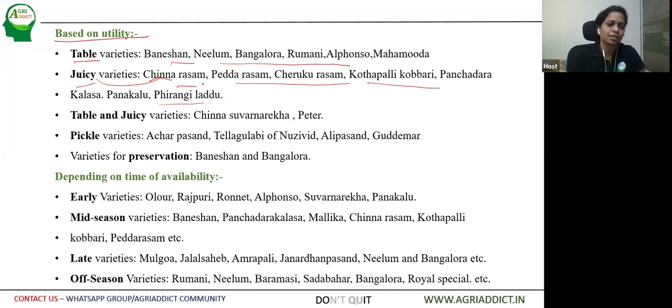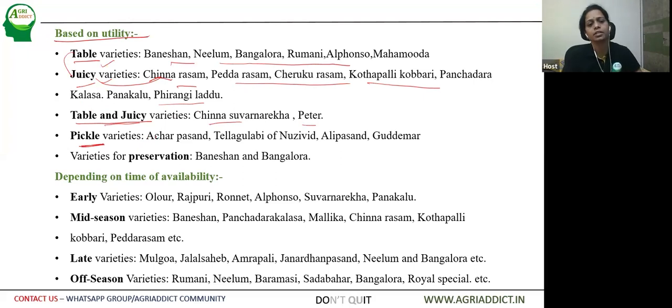So many are there for juicy varieties. Then come the table and juicy varieties. These fruits can have both qualities. Those are Chinna, Suvarnareka and Peter. Then pickle varieties.